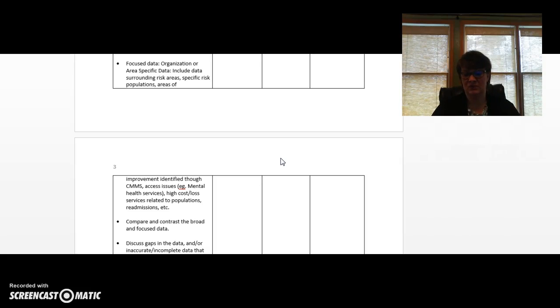And as you're doing that, you're also going to be thinking broadly, because the experience of health actually occurs outside of a given building or facility, and we need to look not only at what happens inside, but also what is happening outside, so that we can develop a multifaceted program to address the issue that you come up with.